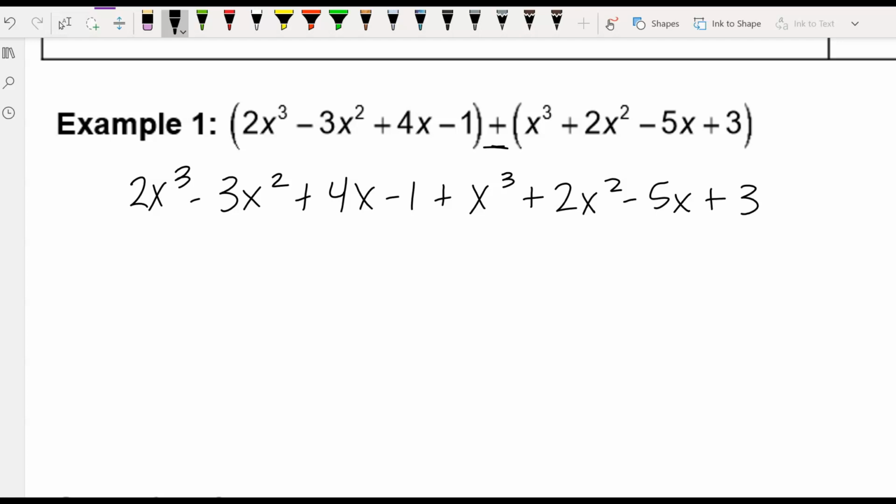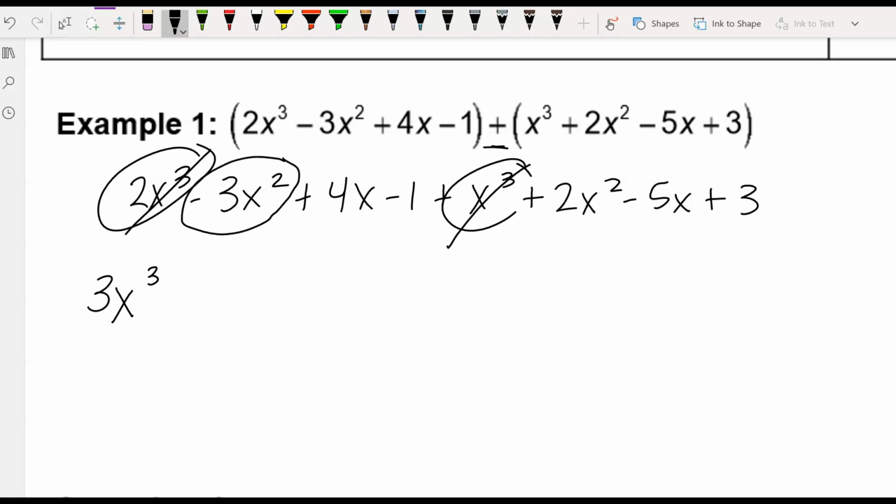All right, and then starting with our highest terms, we want to start combining those together. So looking at our exponents, to the third power is our highest term. So we have 2 plus 1, so that makes 3x to the third.